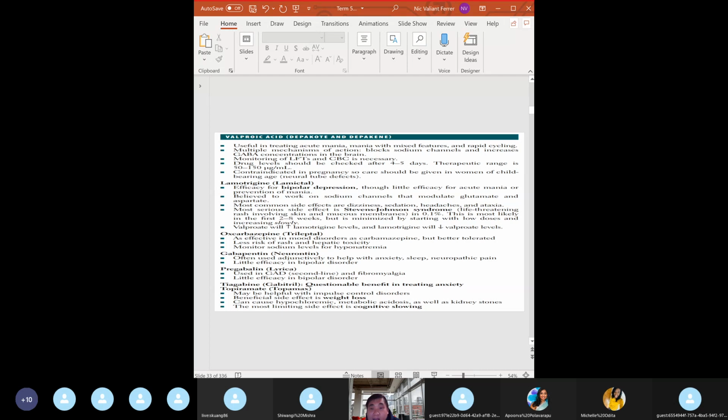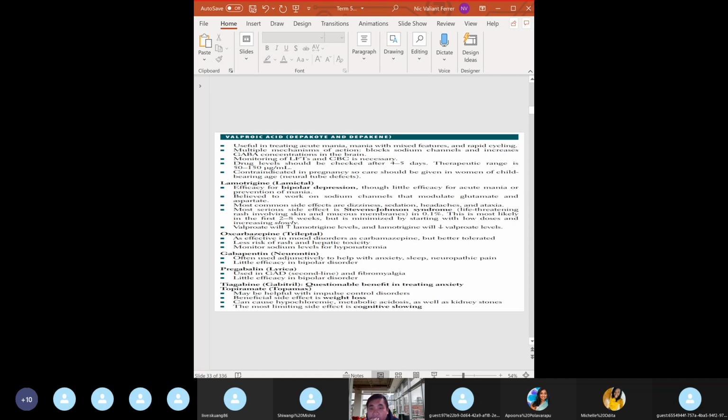Oxcarbazepine, high yield, there's hyponatremia. For gabapentin, neuropathic pain, that's high yield. Pregabalin, Lyrica: GAD second line, and fibromyalgia, high yield. Topiramate, high yield. Side effect is weight loss.